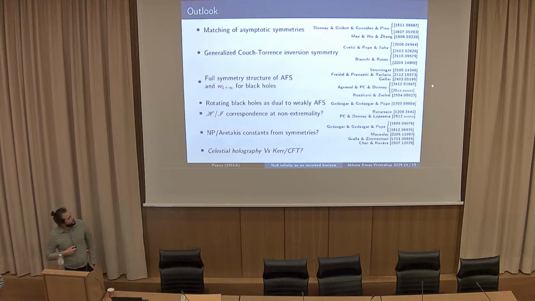So Adrian is referring to the W1+infinity symmetries, celestial symmetries that one encounters at the celestial sphere. These were initially realized near null infinity, and the question is whether these can also be realized on the horizon, on the finite distance horizons.